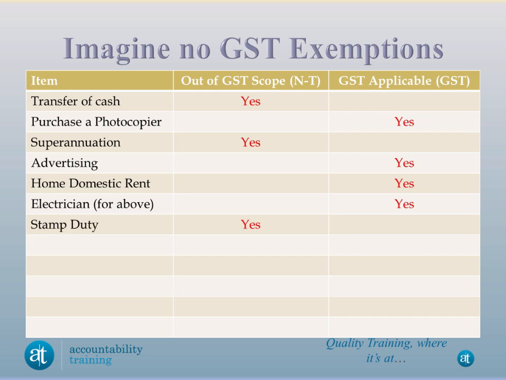Stamp duty is a tax in itself, and not the supply of either goods or services, and therefore would be out of scope of the GST. Education is likely to be the provision of both goods, that is, the learning resources, and services, that is, the teaching, so would attract the GST. Bank charges is for the service provided by the bank, so would attract GST.